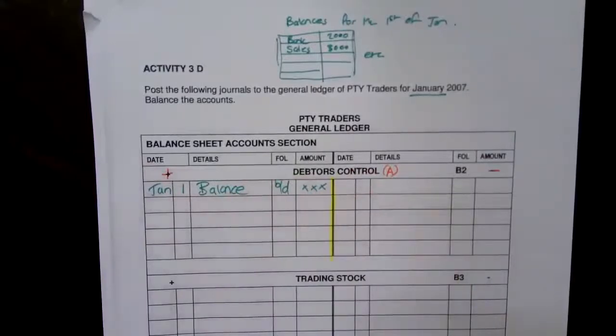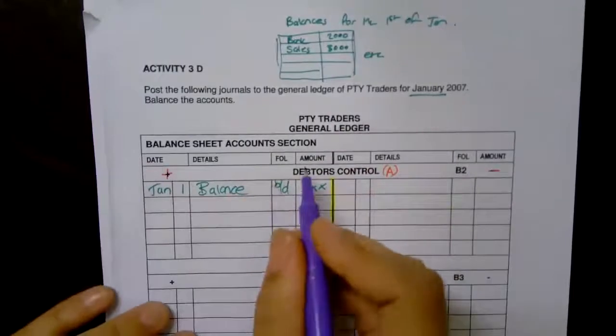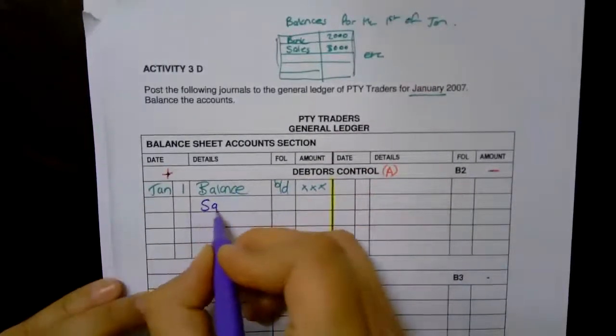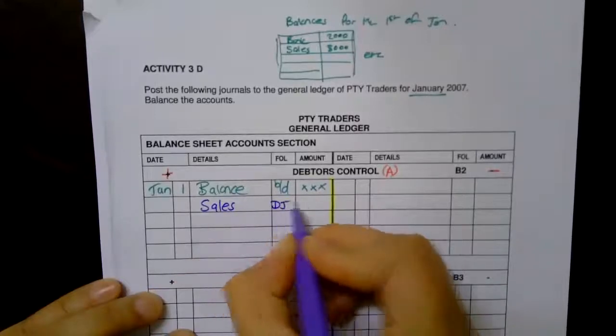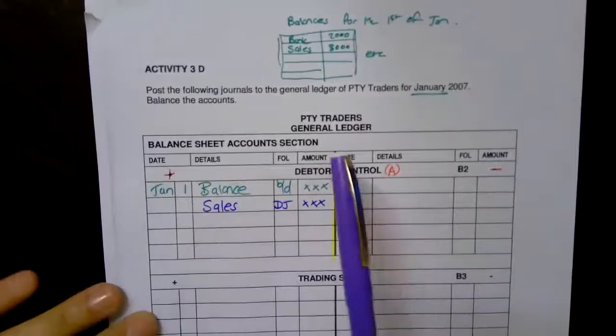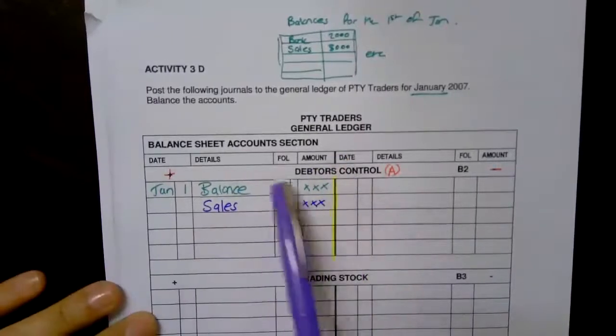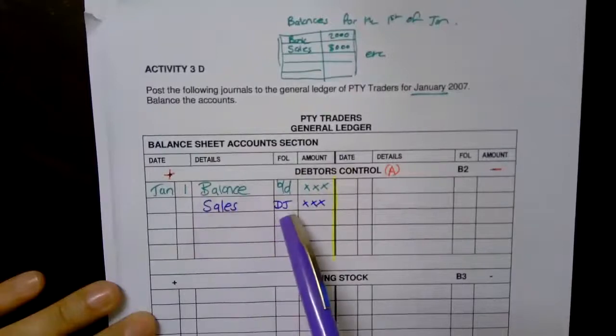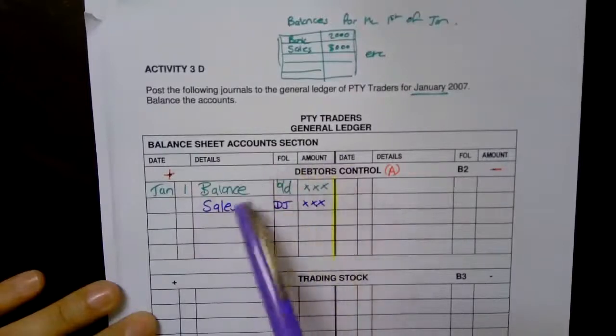The next entry that you will have in your debtors control, on this side, you will have sales, DJ. So that means, remember, debtors control is always debited. So every time they buy from us on credit, according to the debtors journal, then you write it on the debit side.